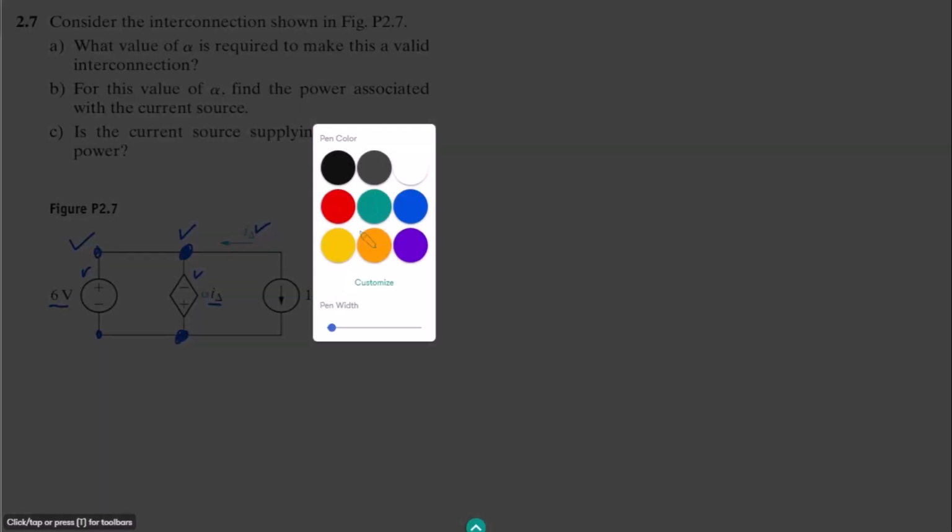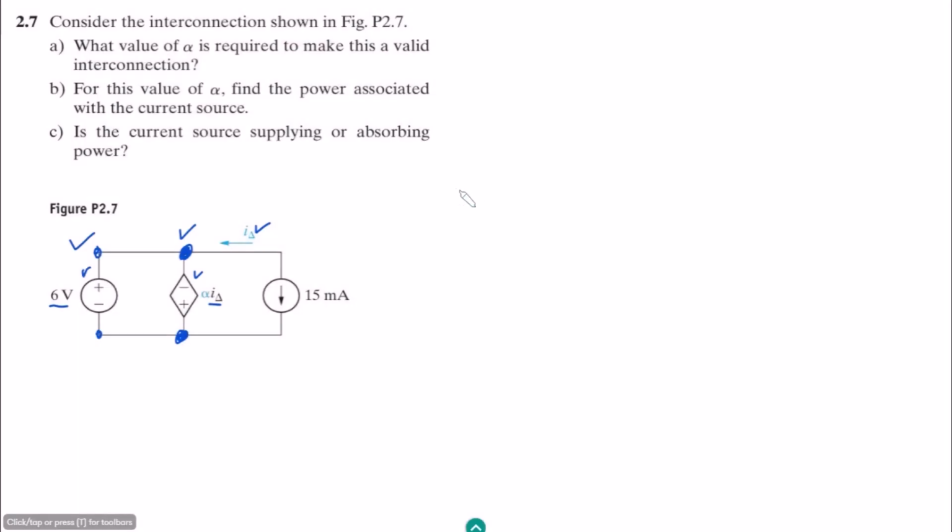So let me solve it, and in solving it, minus alpha I delta should be equal to 6. Why minus? Because you can see that here this is positive negative, and here this is negative positive. We cannot change the terminals of it, but the dependency of it can be changed by putting the negative with this one.